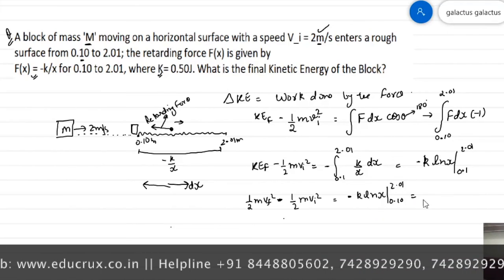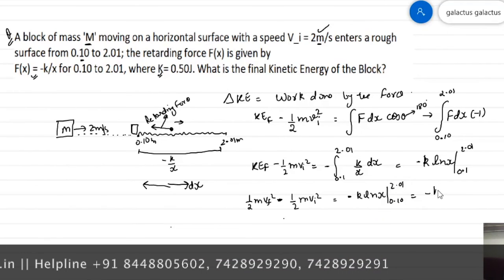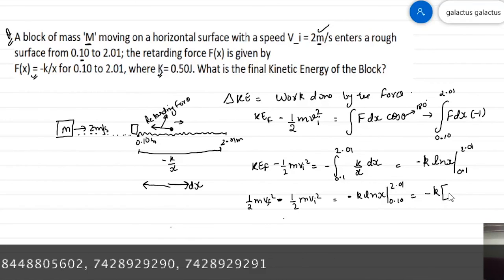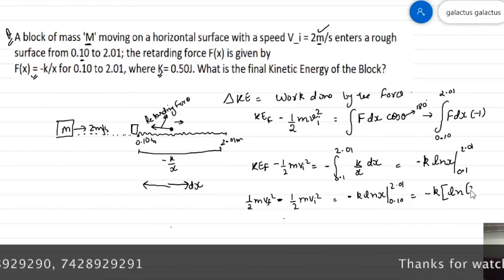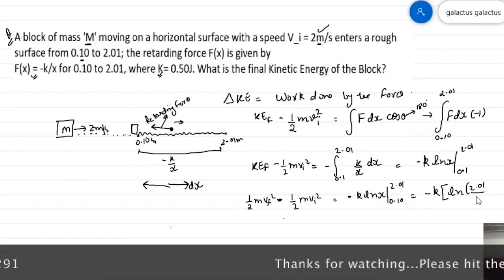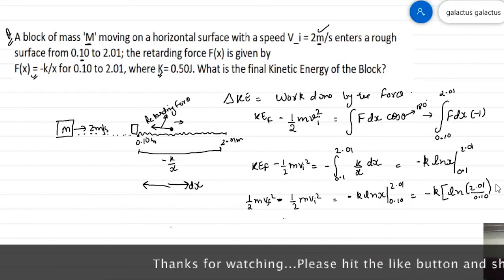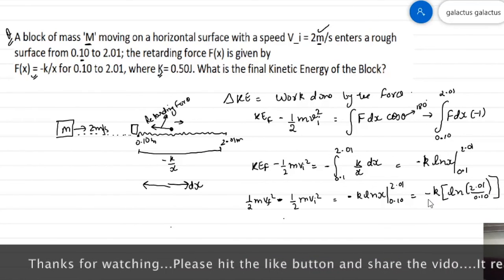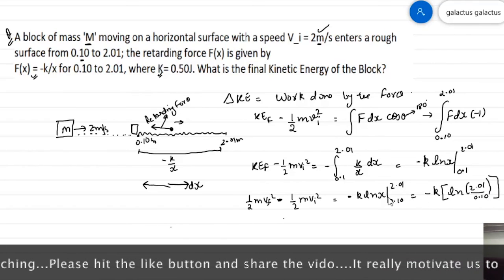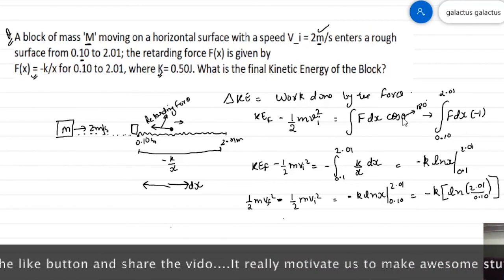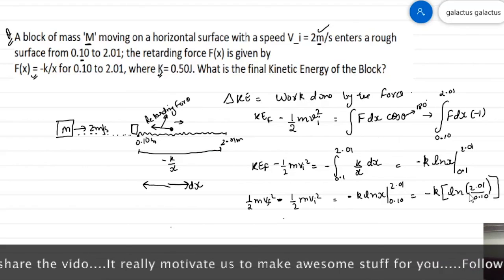So by substituting the limit, I will get minus k ln 2.01 upon 0.10. So this is the value for the integration, that is the work done by the retarding force.